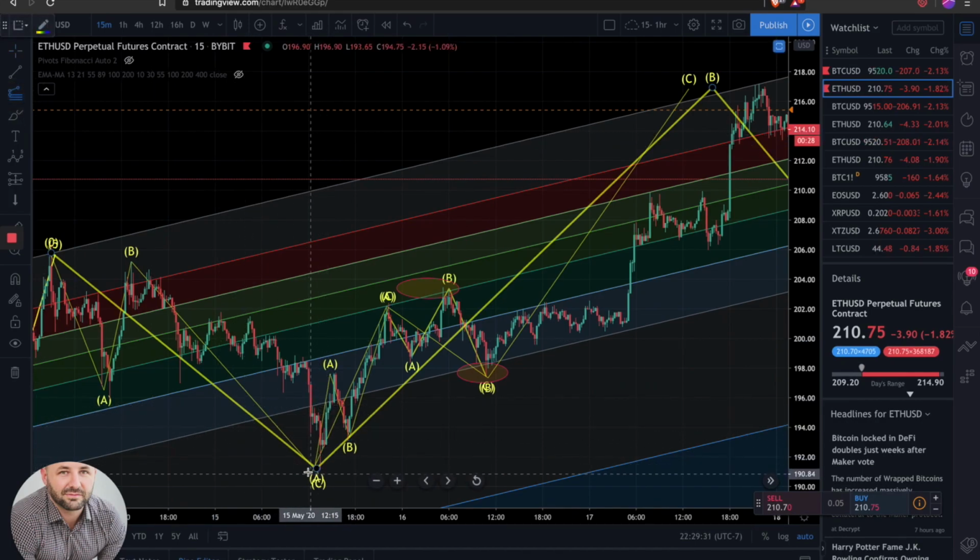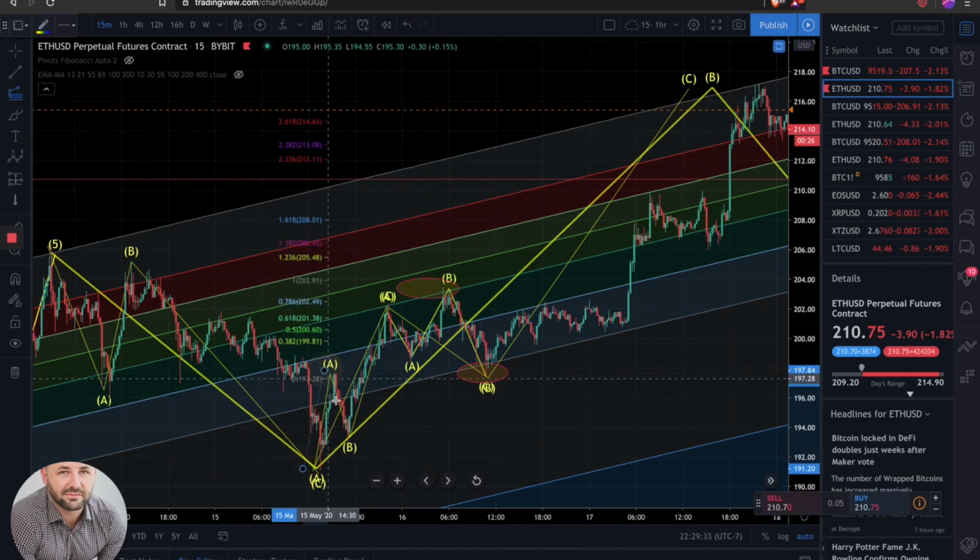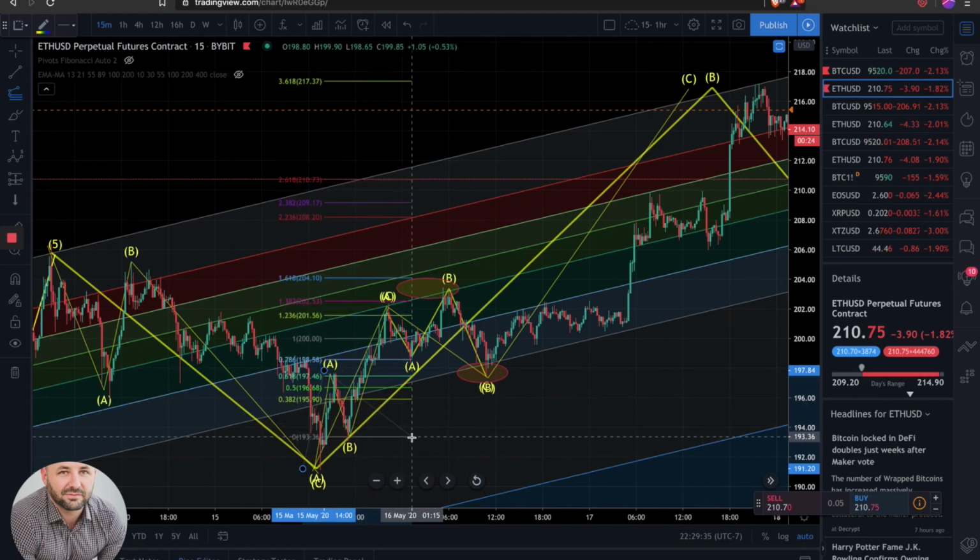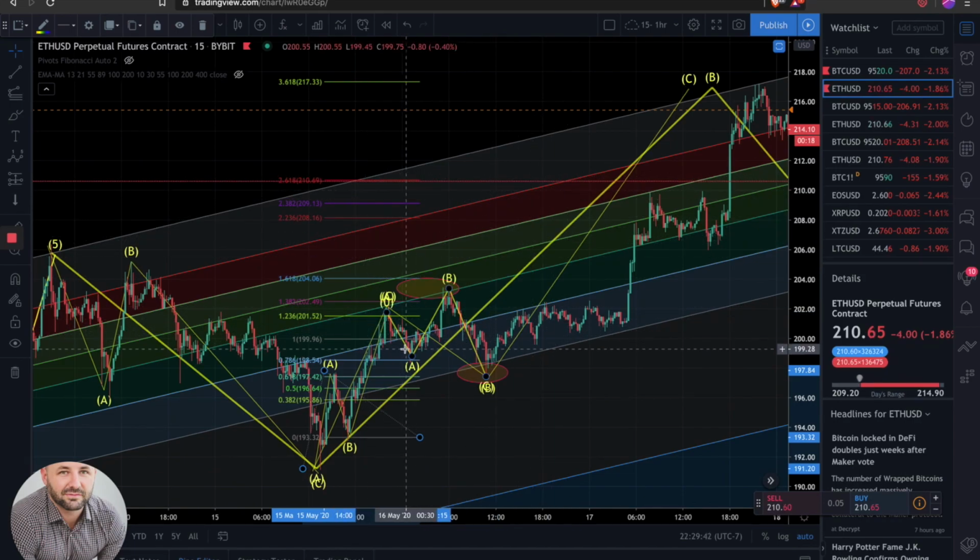If this was our low, we have our A wave. Now, this was without using any kind of indicators. 100% Elliott wave is what I took these trades on. So we moved up with this, potentially a wave A or a wave 1, because you can see it was a 5-wave structure, came back down for a B and then up again for a C.